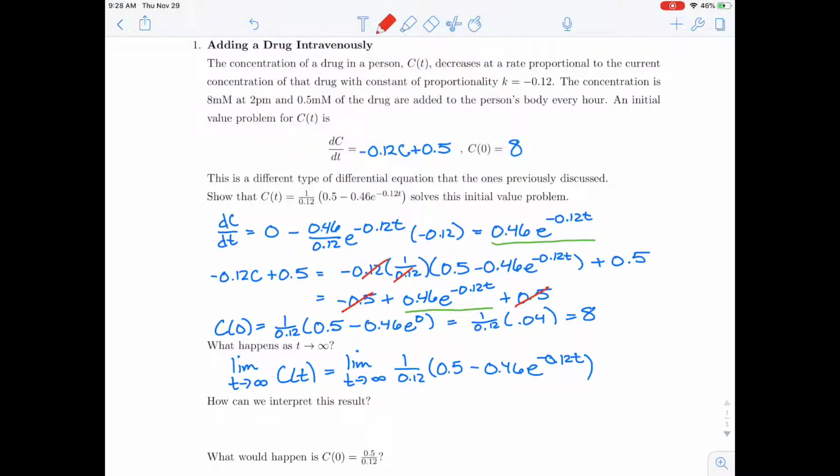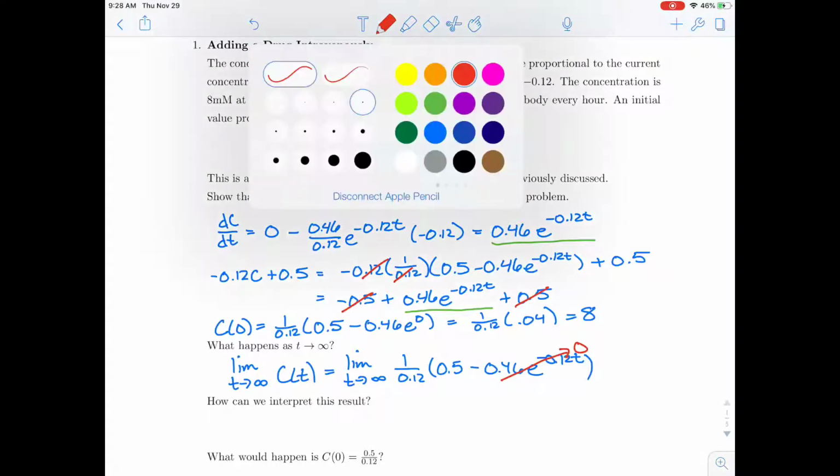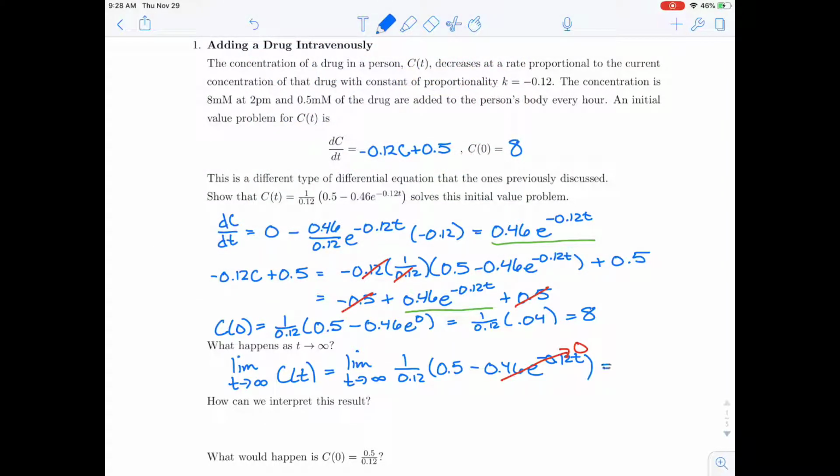And we see that this exponential decay will go to 0 as t goes to infinity, and we're left with 0.5 over 0.12.